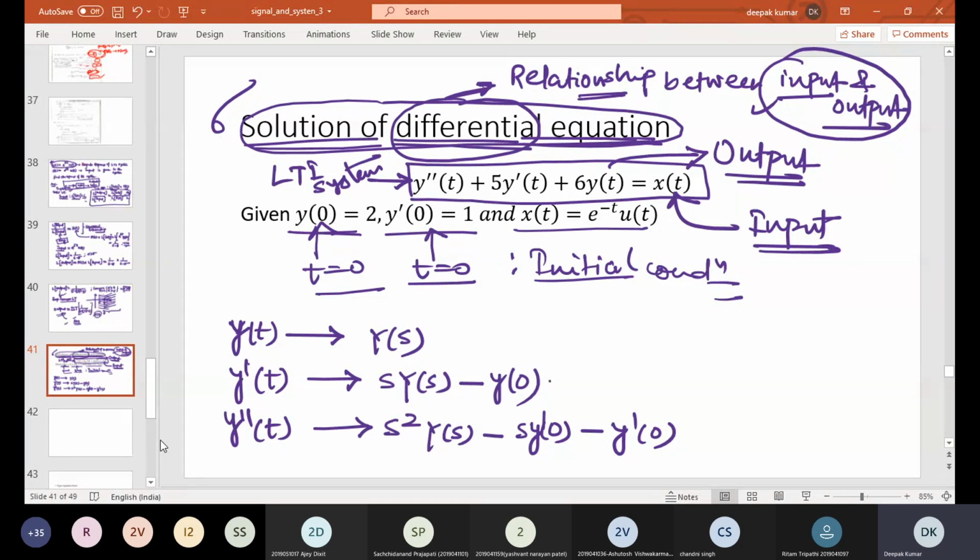So here you can see the y of 0 and y dash 0 are given in this expression. That's why the initial conditions are given in this question. Now every step is clear. According to this, perform the Laplace transform and solve the differential equation.